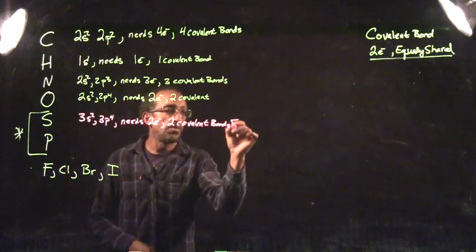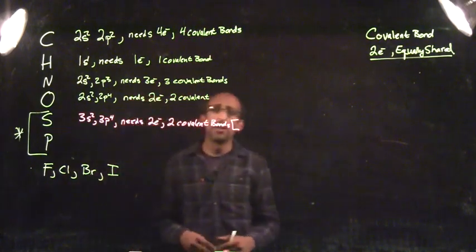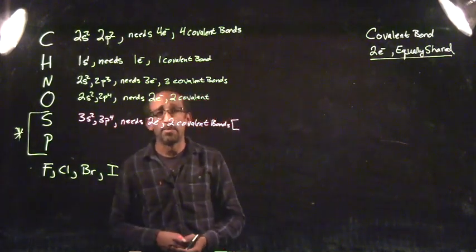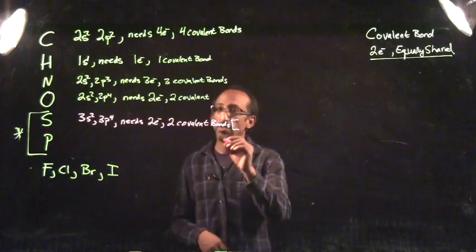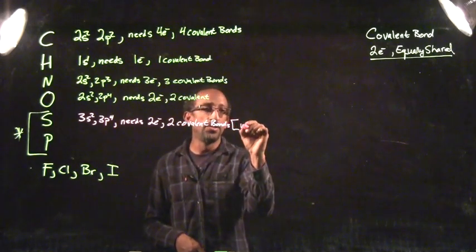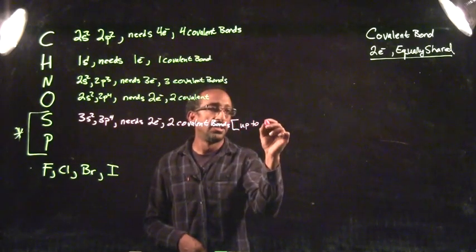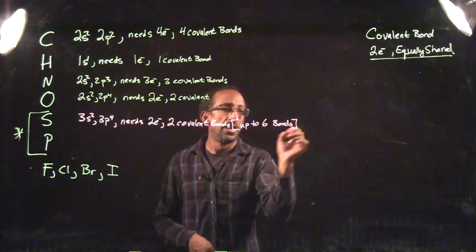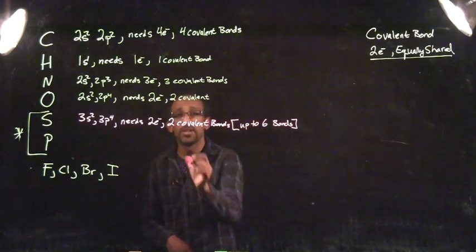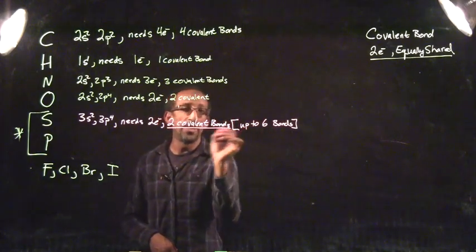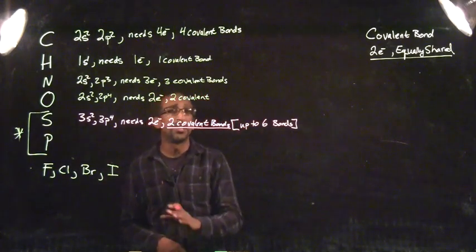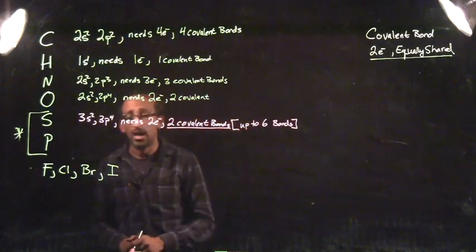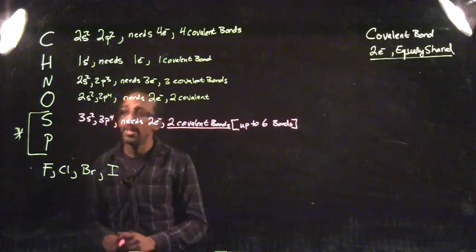But we'll see that there are special cases where what we'll call hybrid orbital theory, which we'll learn about in the next couple of weeks, allows sulfur to make up to 6 bonds. Again, that's a special case. Typically, we'll see it forming 2 covalent bonds, but we can also see it go so far as up to 6, with 4 being another common example.